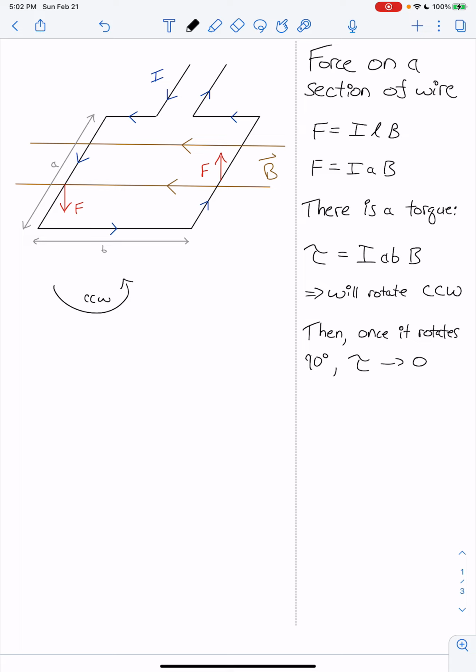It's no longer going to provide a force. However, there will be some inertia. So inertia will carry it through.